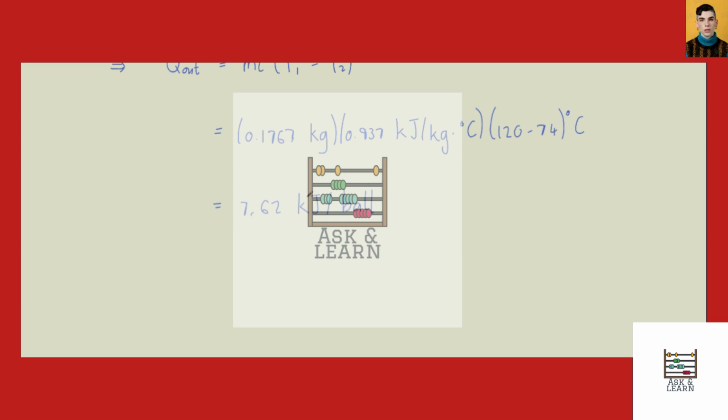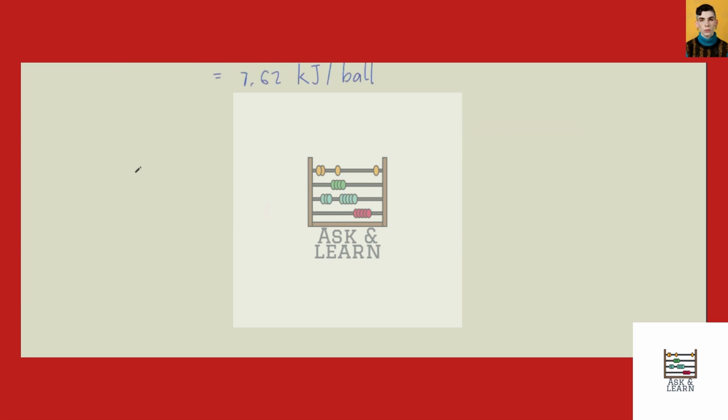Now we have the energy for one ball that gets transferred into the water in terms of heat. We can then find the total rate of heat transfer from the ball to the water, Q dot, is equal to the number of balls passing through the water, dn dt or n dot, times the value for one ball.